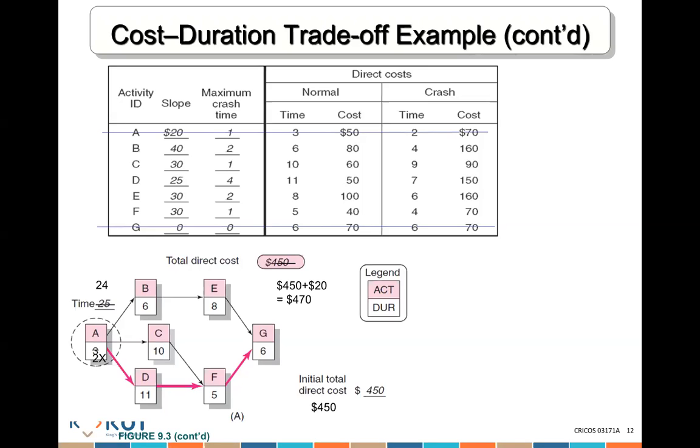D or F? D. You can't crash B because B is not on your critical path. You can only crash an activity that is on the critical path. So if you go and do A, B, E, G, that's 22 days.